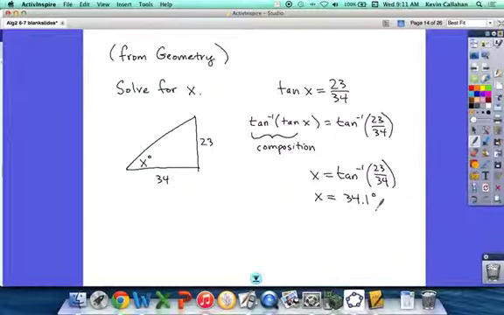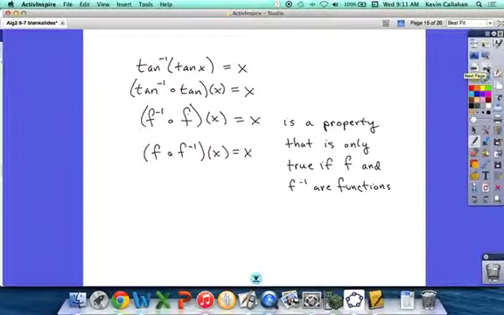Okay, so inverse functions. Now, this kind of thing, where you take the tan inverse of the tan and they cancel each other out, it doesn't always work, right? This tan inverse of tan, I could write it with that composition notation, tan inverse, little open circle, tan. That means composition.